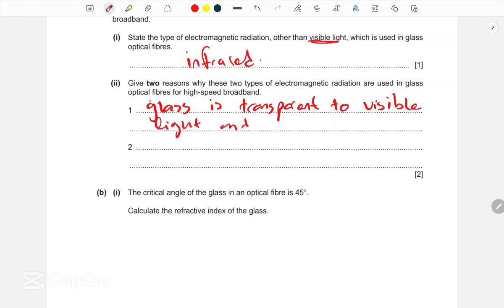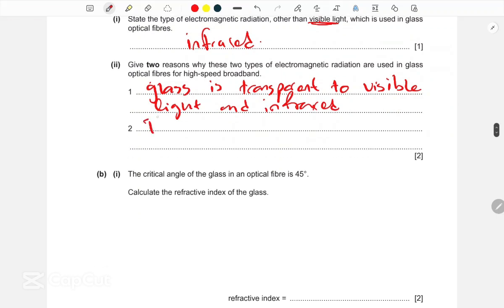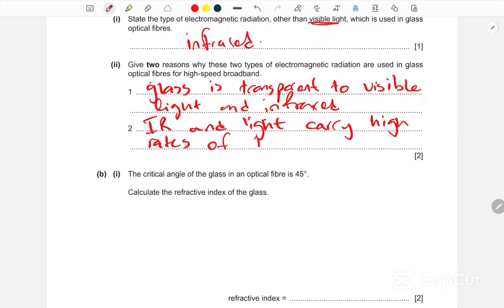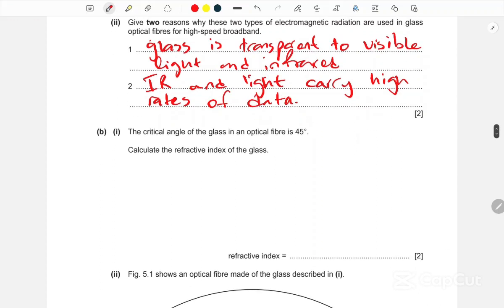The second reason is that infrared and light can carry high-speed data transmission. So they can carry high rates of data or information. These are the two main reasons why these two are used.